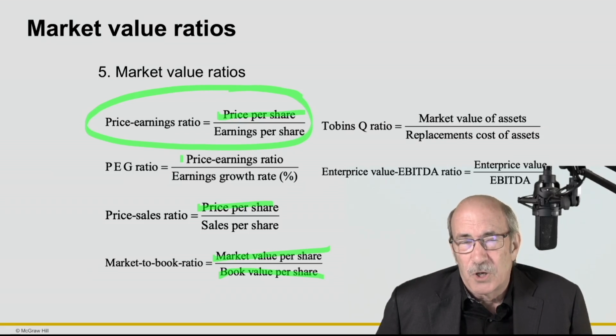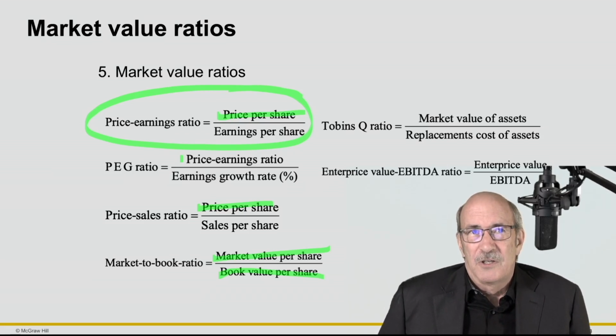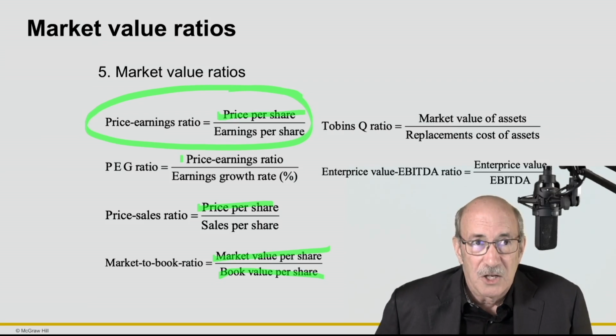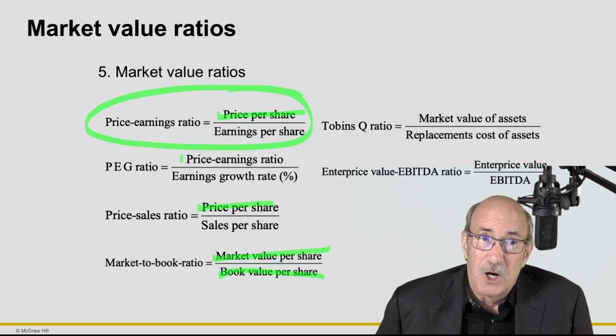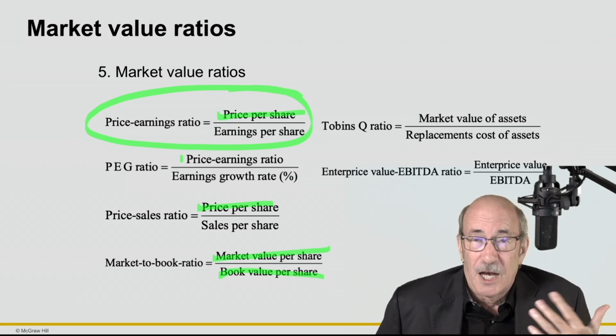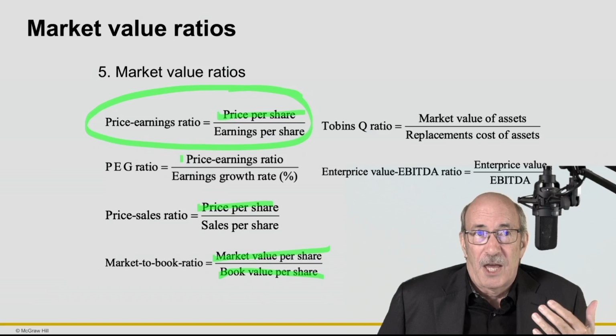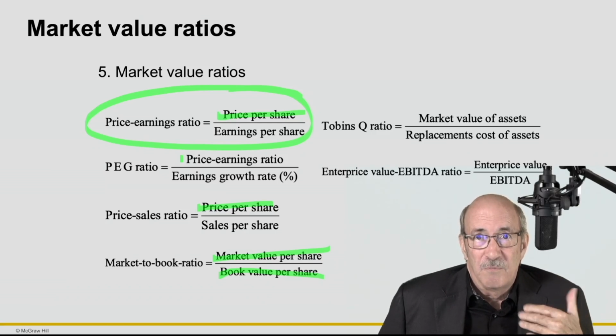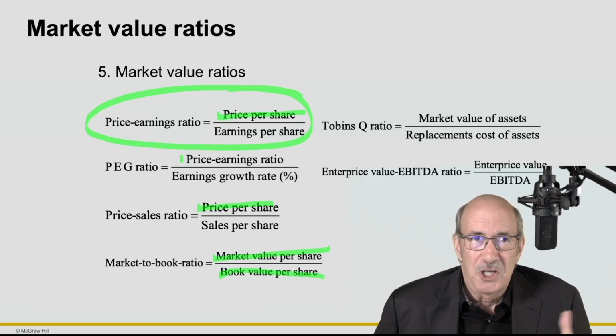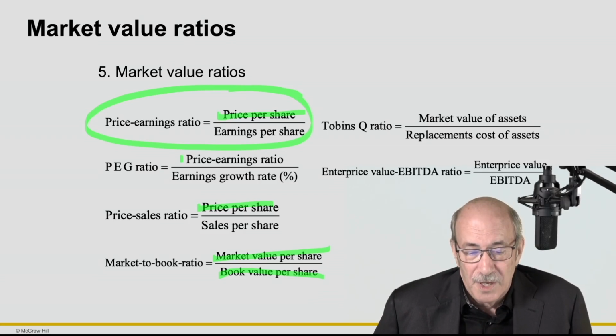However, with market to book, there are some other factors that come into play, and that is that maybe the market is just mispricing this stock. We might have a high market to book because part of that level is mispricing, the market being overly optimistic about the firm.